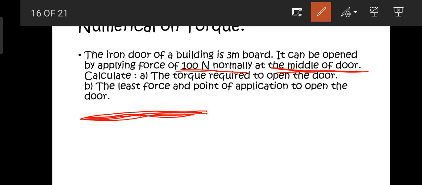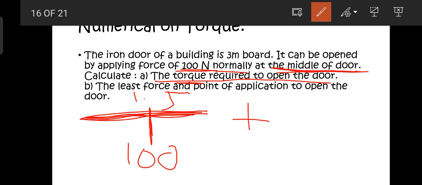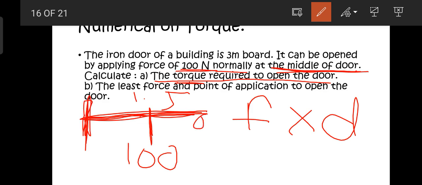This is 3 meter long, at the middle, so half of 3 meter is 1.5 and the force is 100 N. So the torque required to open the door, what is the formula of torque? F into D. This is the pivoted point of the door and this is the free end.